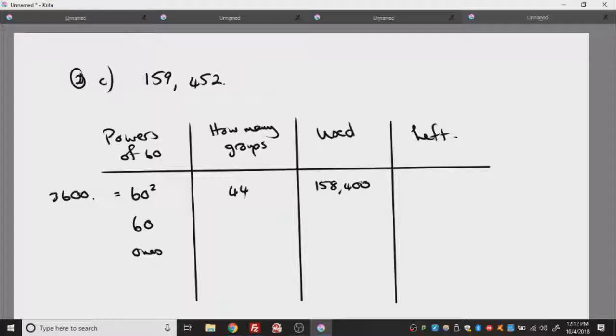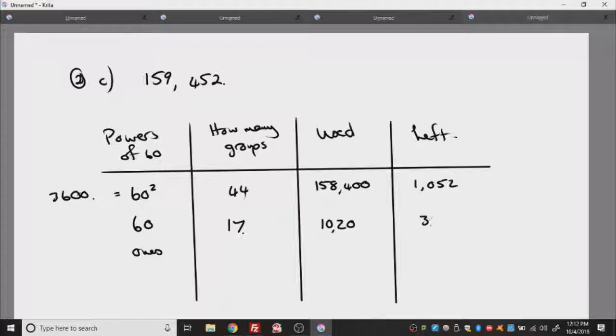And it'll get faster the more you do it. Don't aim for speed in the beginning. What is left? Oh, not a lot. But I could still fit in some 60s. How many 60s can fit into 1052? 17. 60 times 17?